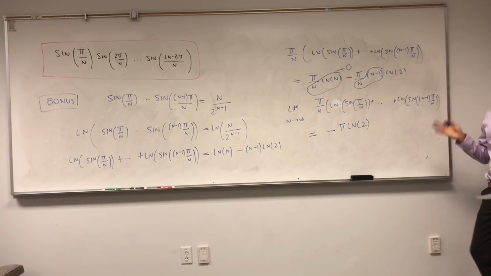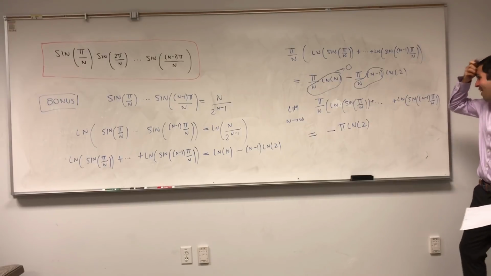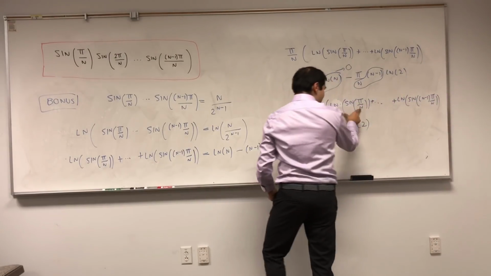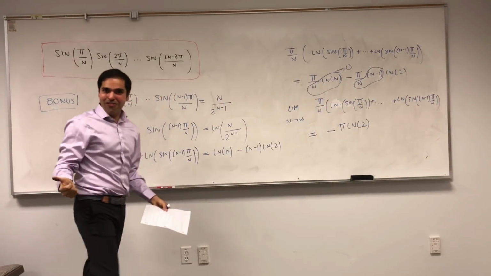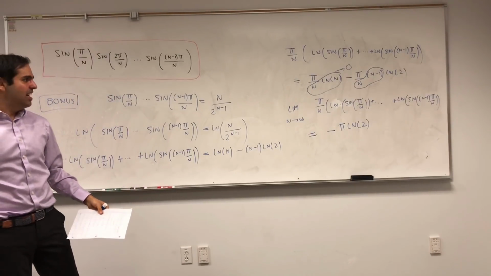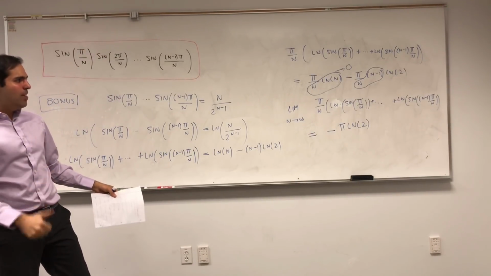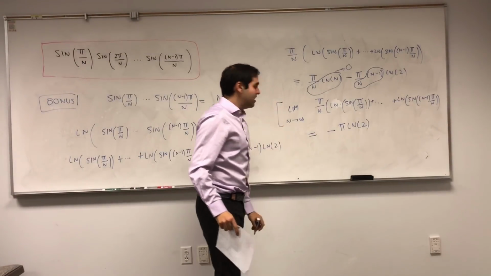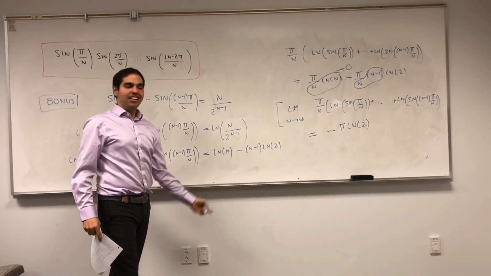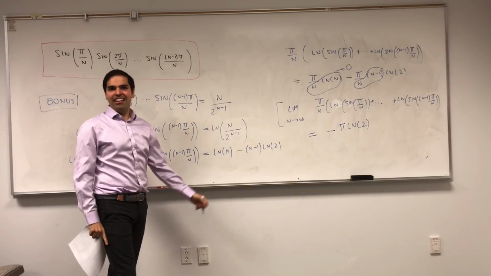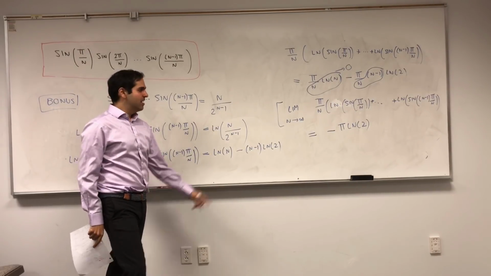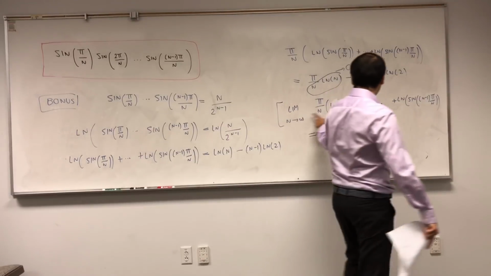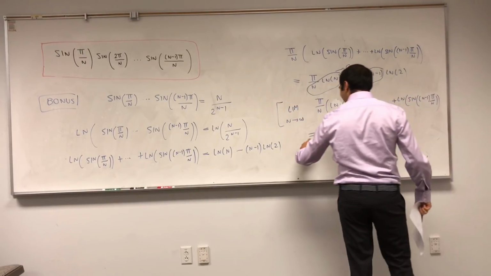And you might say, what is the big deal here? Well, notice, we're summing up a bunch of values of ln of sine, and we take the limit. So in fact, this is basically a Riemann sum of ln of sine, and this Riemann sum goes to the integral.